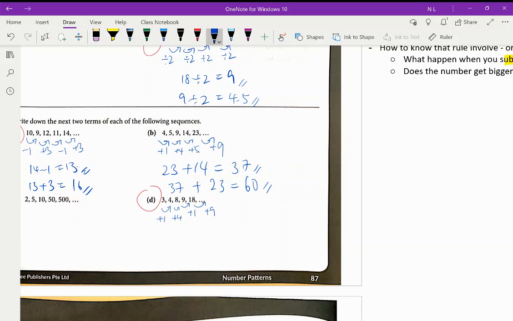So I can say that my next two terms will be plus 1 first. Let me draw my arrow properly so you can see better. It's plus 1, plus 4, plus 1, plus 9.